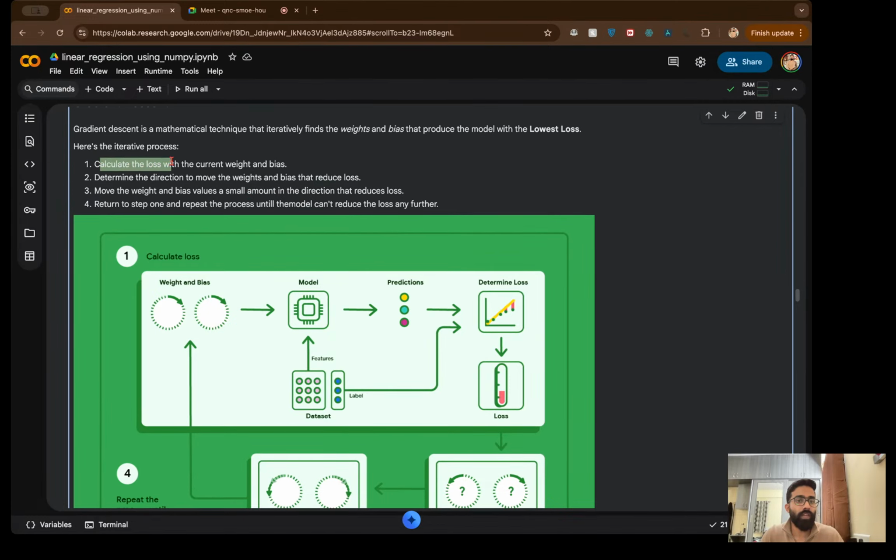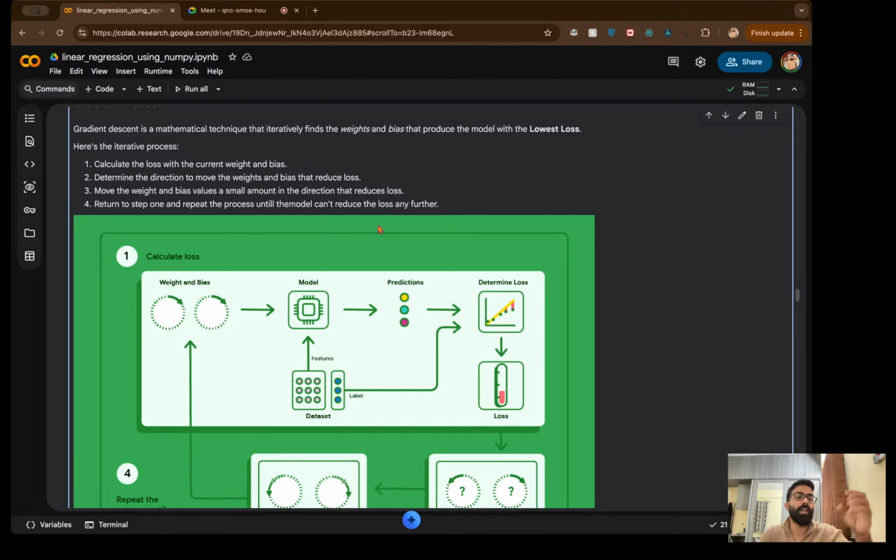So the first step is to calculate the loss of the current weights and bias. Second step, determine the direction to move the weights and bias that reduces loss. So whatever loss came first, I want lower loss than that. Now move the weights and bias values a small amount, meaning very little, not like going from 100 straight to 150.